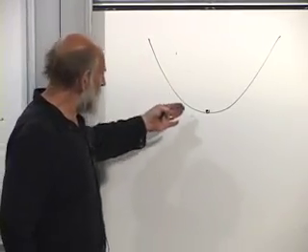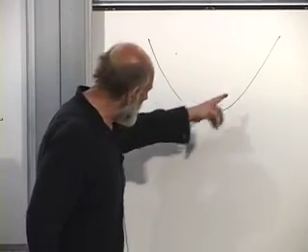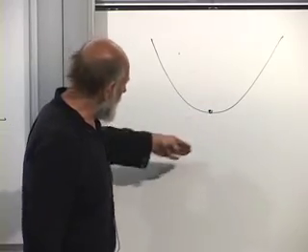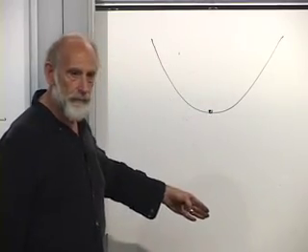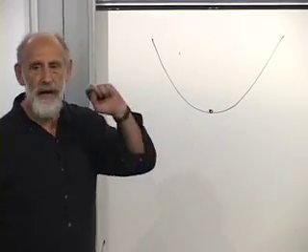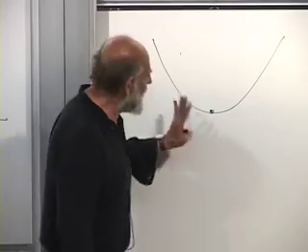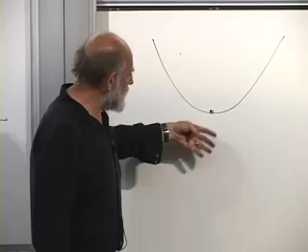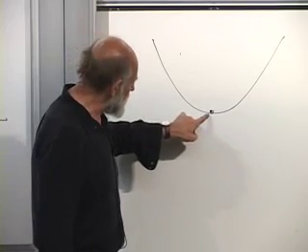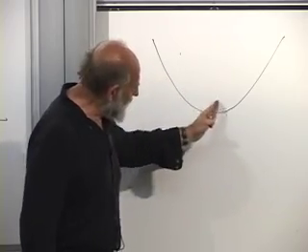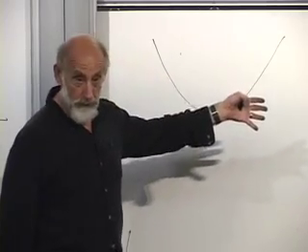Any typical function which has a minimum, near that minimum will look like a parabola, unless, of course, you artificially tune the x squared term away. A general situation, except for some very special fine-tuned situations, is that if you have a function with a minimum, and you look nearby the minimum, it looks like a parabola.